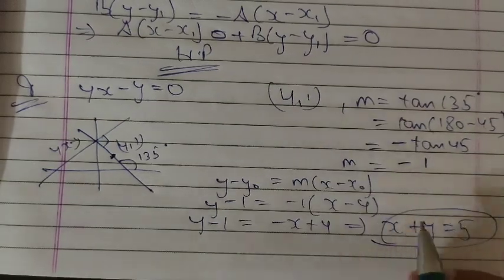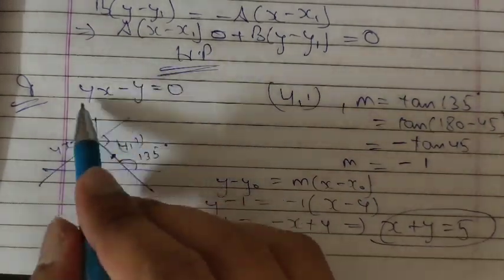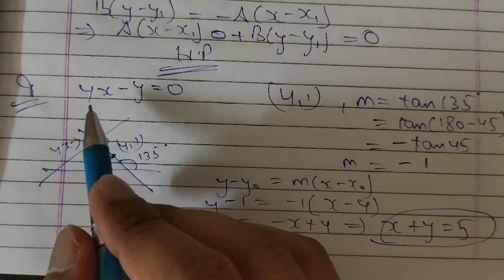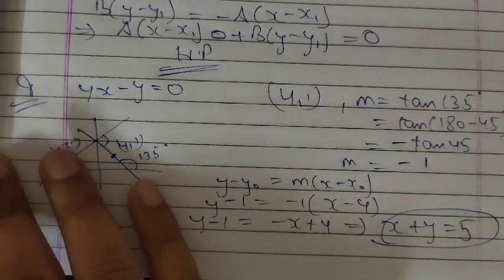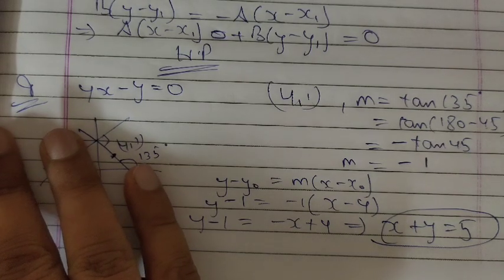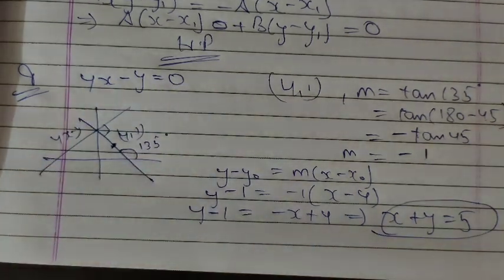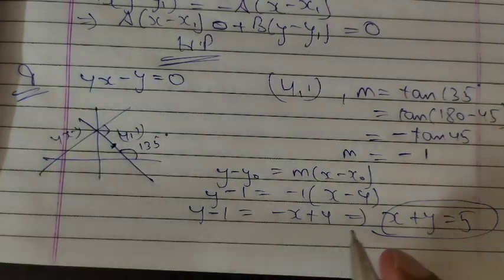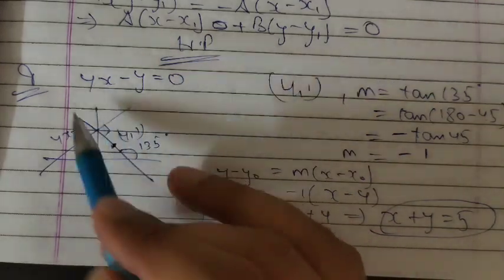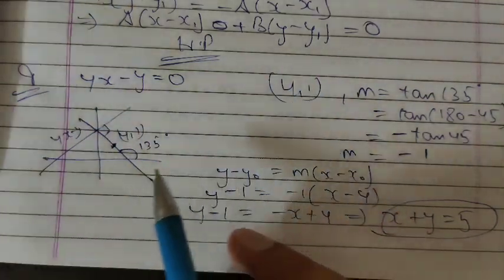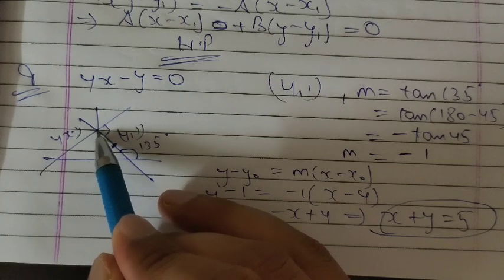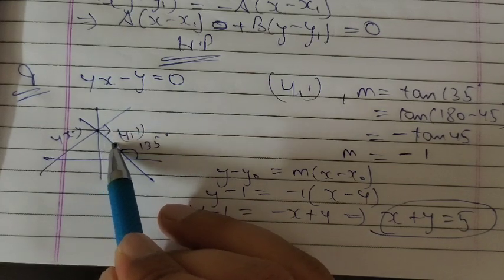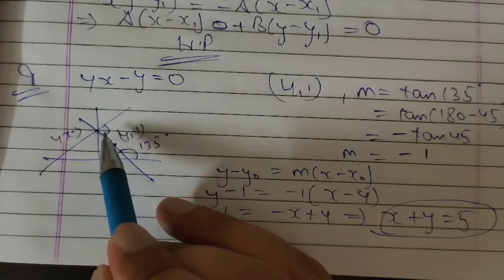Now this is the equation of a line, and this is the equation of another line. We have to find the perpendicular distance between the two lines. So we have to find out where these two equations intersect. If we get this point, we can easily find the distance between the two points.